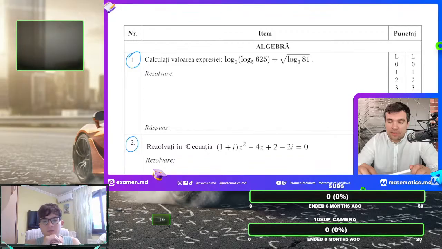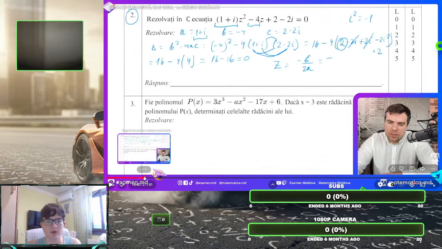And after that we have LOG3 base 81, and 81 is 3 to the power 4, so square root of 4, 2, so yeah, I think that's done.